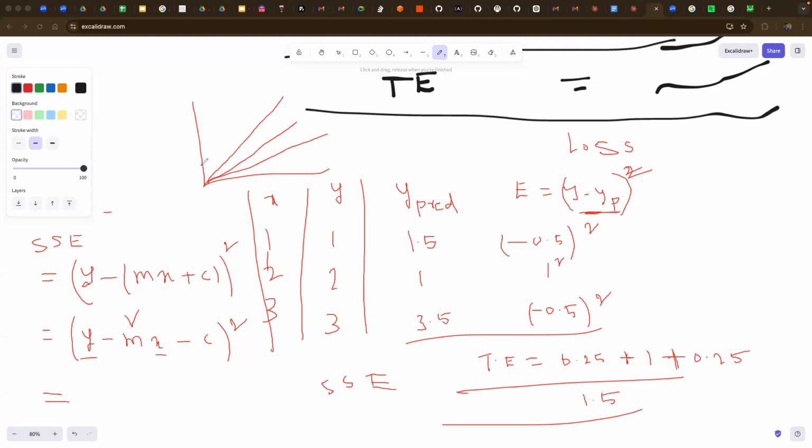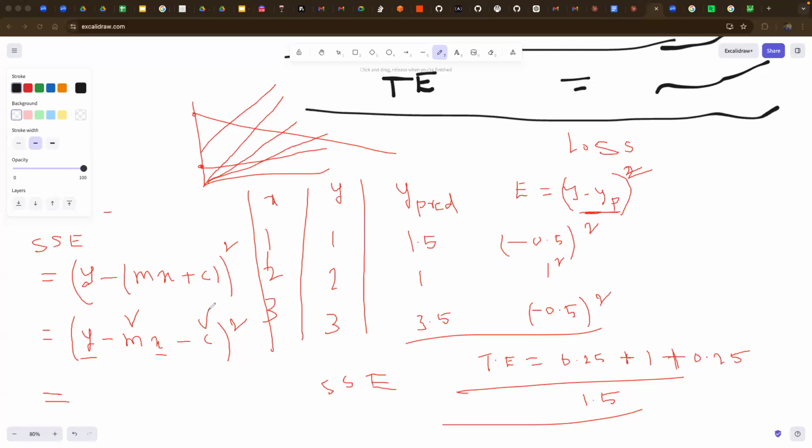C is nothing but the intercept actually. So the line can be like this or something like this or something like this. For each and every line that I drew just now, it has different intercepts. So C is variable.